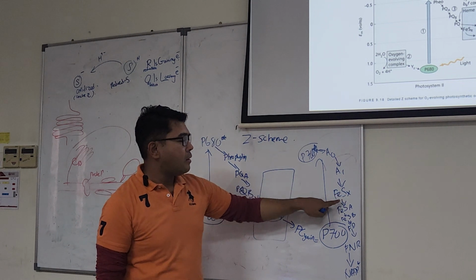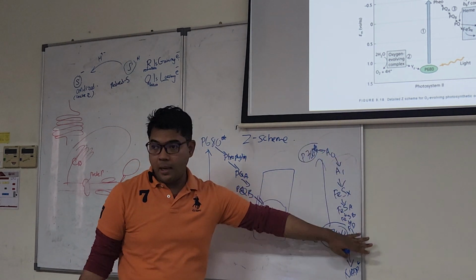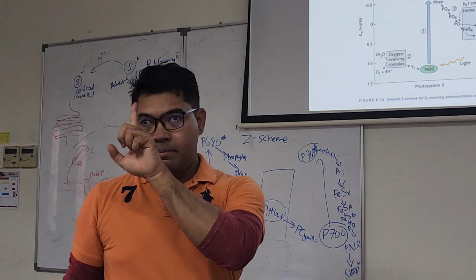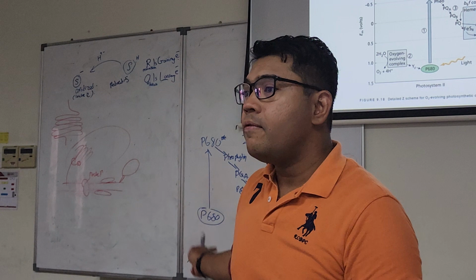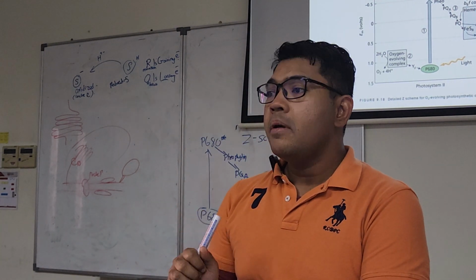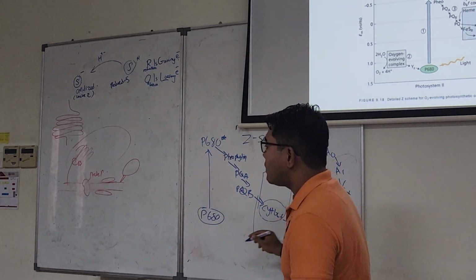So Fe means iron sulfur protein. These are all proteins, okay? But bear in mind one thing: not all of them are integral proteins. Some of them are proteins on the surface. For example, plastocyanin here. Plastocyanin is this guy.